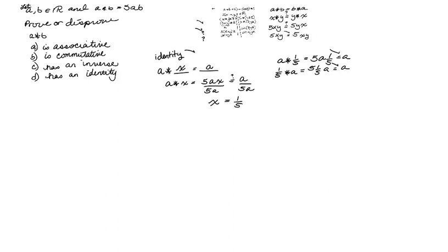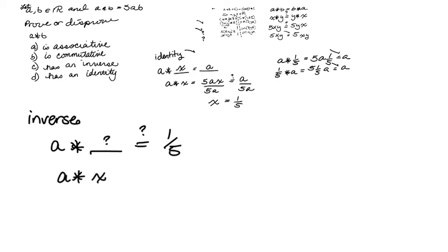So now let's look at the inverse. So A star something, does that exist to give me 1/5? Let's try it. A star something equals 1/5. This is 5ax equals 1/5. I want to solve for x, so x equals 1/(25a).